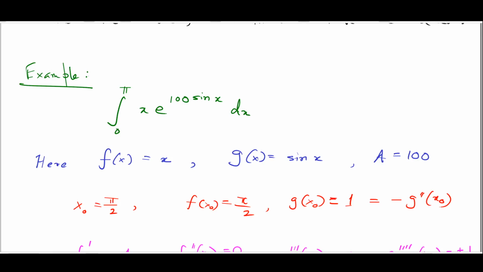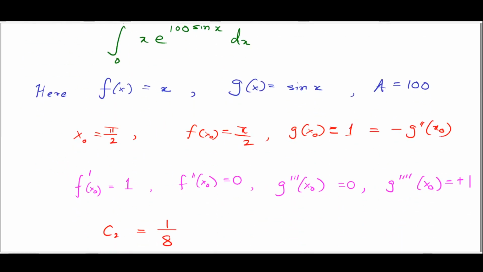And the value of f of x0 is simply pi by 2. g of x0, sine of pi by 2, is obviously 1. And g double prime x0, a pretty straightforward calculation which everybody knows the result of, is minus 1. In order to calculate c2, the correction, we also need the values of f prime at x0, f double prime at x0, g triple prime at x0, and the g fourth derivative at x0.